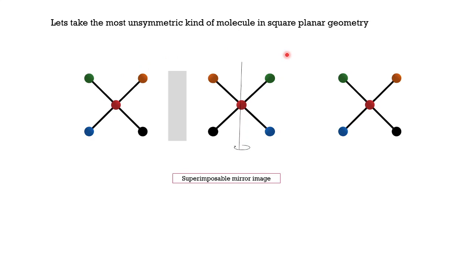So not chiral, right? So because of this special move which we have using the third dimension of space, you can understand that there can be no chirality in a linear or a planar geometry.